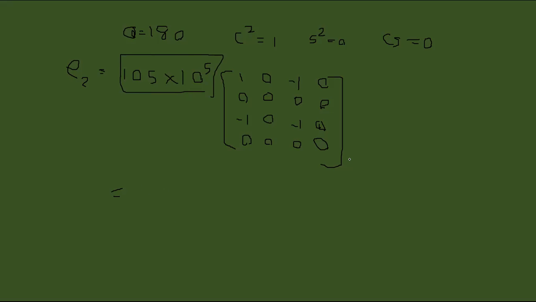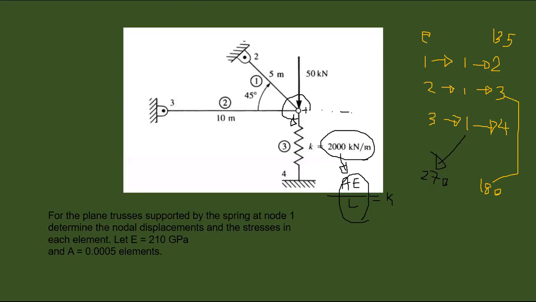Okay, so this is element 2, and for element 3, you know the value, right? This value was 2000 kilonewtons per meter.